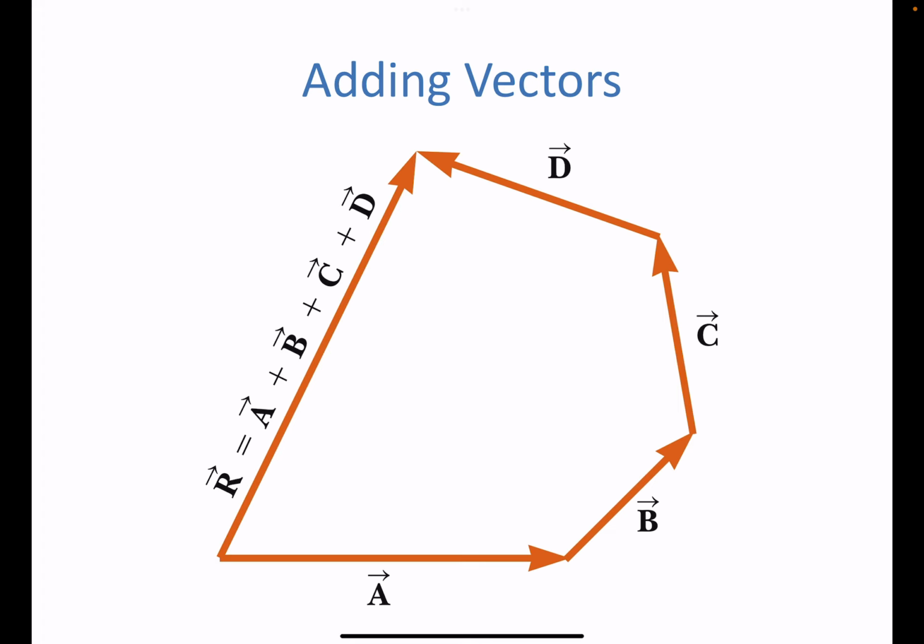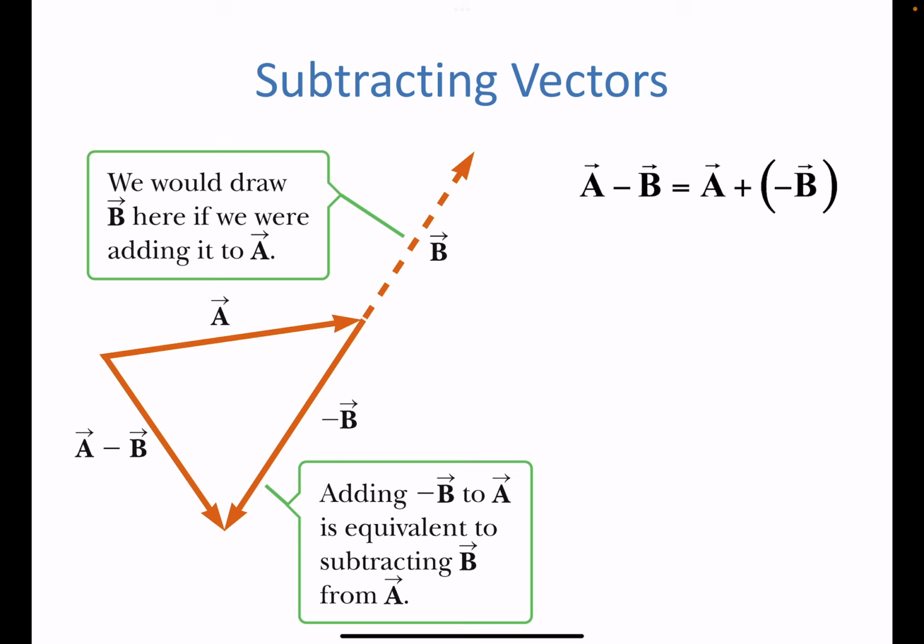To subtract a vector, we simply reverse the direction of one of the vectors. So we want to do A minus B in this problem. This is our A, this is our B. So minus B means you turn this B vector 180 degrees to the opposite direction.